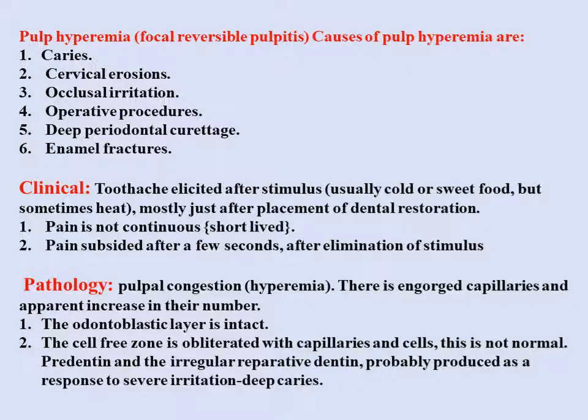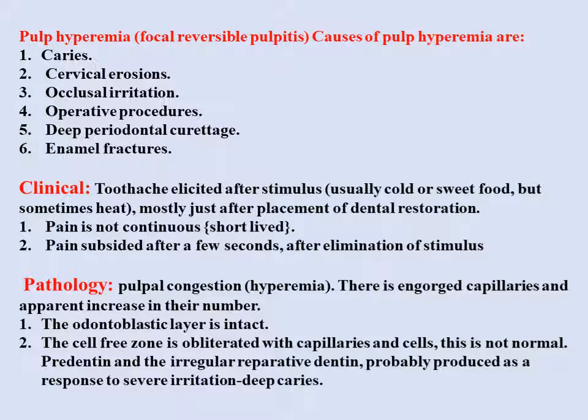الpulp hyperemia أو reversible pulpitis. The causes of pulp hyperemia: caries, cervical erosions, occlusal irritation, operative procedures, لما نسوي filling أو any other operative procedures, deep periodontal curettage أو enamel fractures.